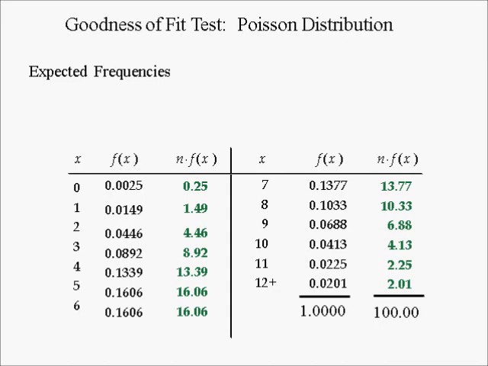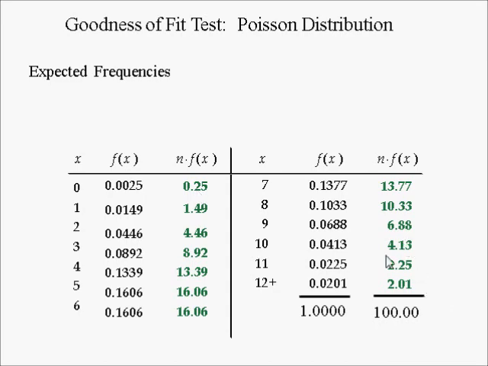So we're going to have to combine the 0 category, the 1 category, and the 2 category into 1 category. Now when we do that, the expected frequency is 4.46 plus 1.49 plus 0.25, which is at least 5.